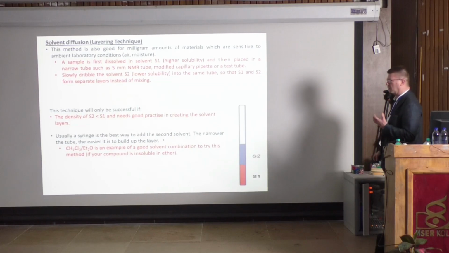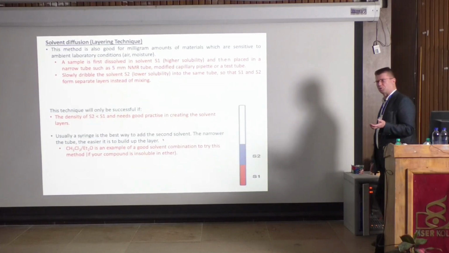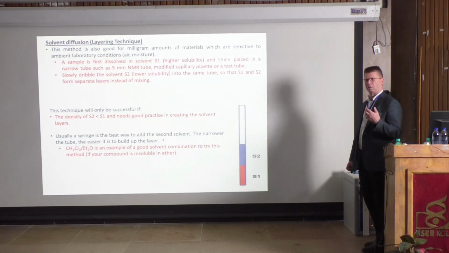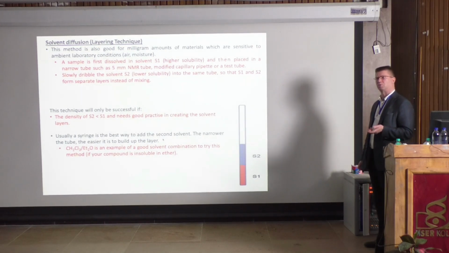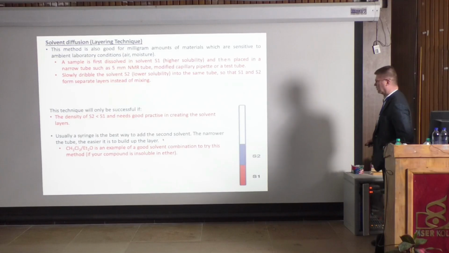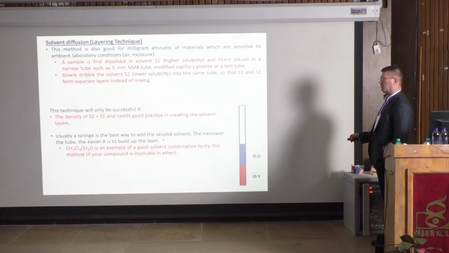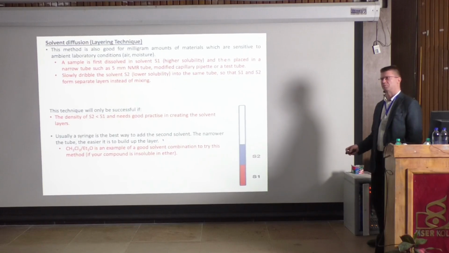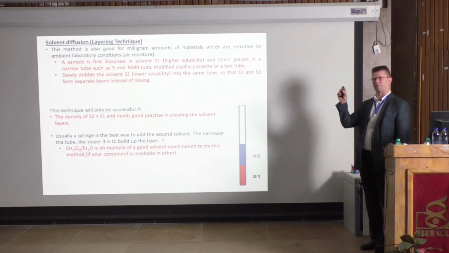And this is a very nice technique. I know that Makoto Fujita has used it a lot in crystallizing MOFs, for example. And that is really nice. One example is a dichloromethane and diethyl ether combination, so they are heavier and lighter, very different. And then, of course, you have to close the vessel, because if you don't, it will evaporate.